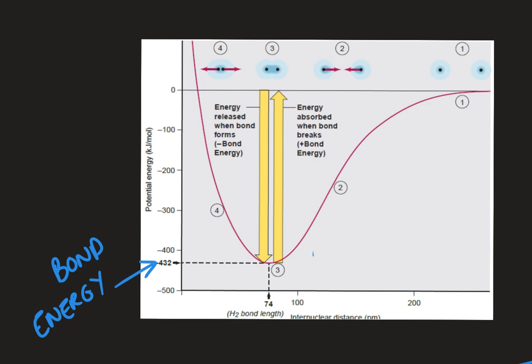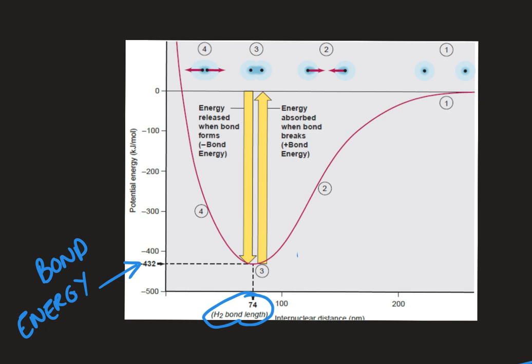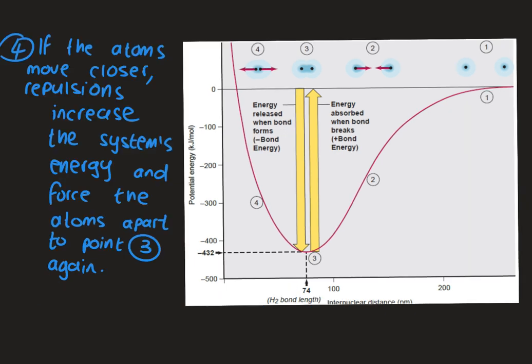And then this distance over here is the distance between the two nuclei, and that can also be read off the x-axis of the graph. So this graph specifically is for hydrogen, but you do get the same type of pattern for any covalent molecule. And for hydrogen specifically, the bond length is 74 and the bond energy is 432 kilojoules per mole.